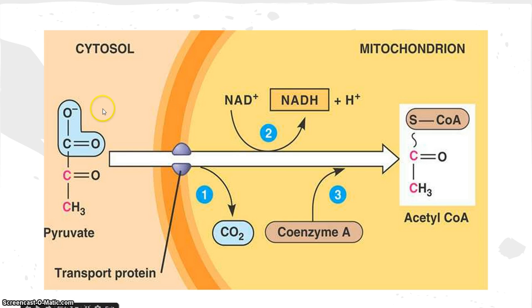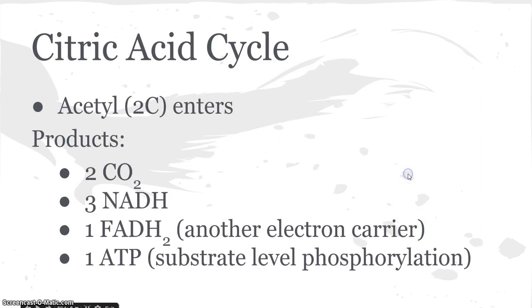And what we're going to do is go through a transport protein, which we're going to then remove the CO2. Remember, we're going to add on those electrons, so you see the NAD plus becomes NADH. And eventually then the coenzyme A will be introduced. So now we have acetyl-CoA when we get to the mitochondria.